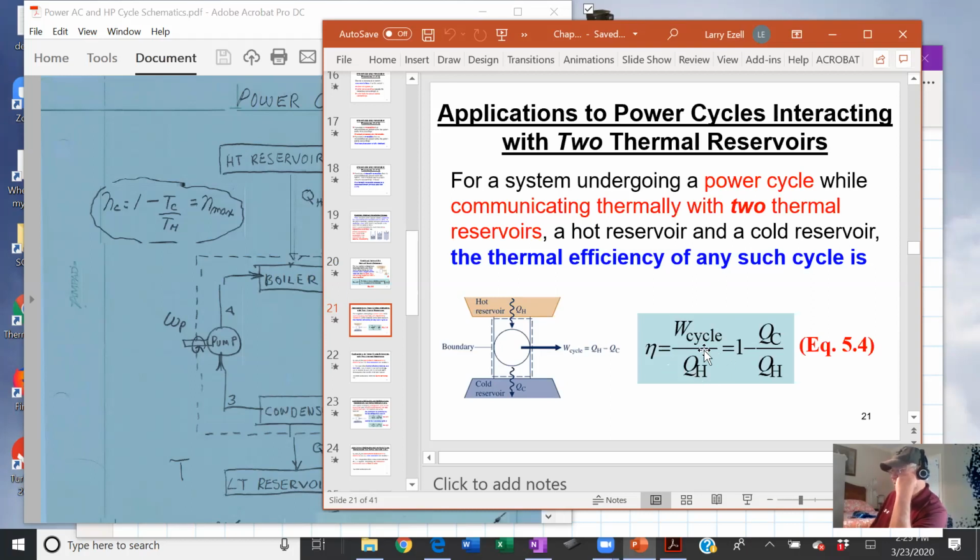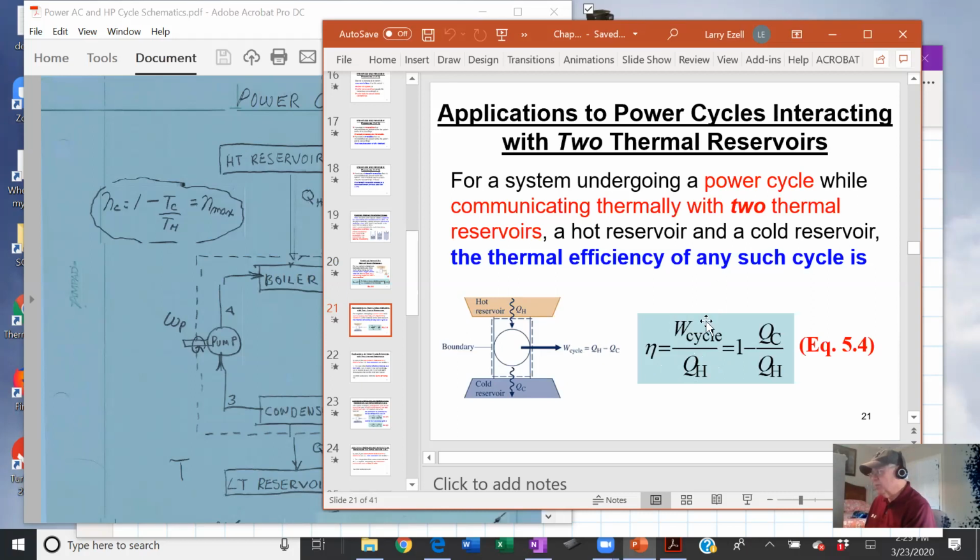It wouldn't matter, as we'll see later, it's the absolute value of the ratio. But for a power cycle, the work's positive, that's the turbine work, that's the pump work. And we'll see a schematic shortly. Over the QH, which is the heat inflow from the high temperature reservoir.